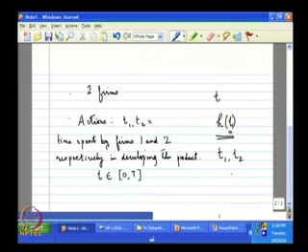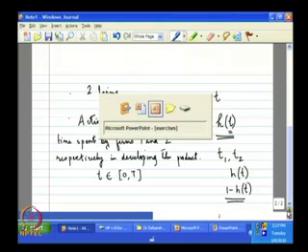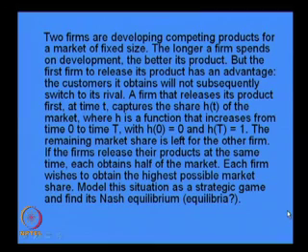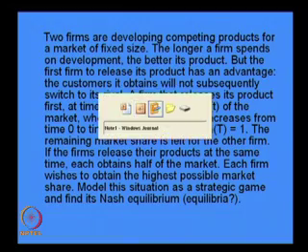And so, if I get H(t) fraction of the market, my rival gets 1 minus H(t) fraction of the market, and each firm tries to maximize the share of the market, because what is being said is that each firm wishes to obtain the highest possible market share. So, my aim will be to maximize H, that is the portion of the market that I am getting. So, that is the game.